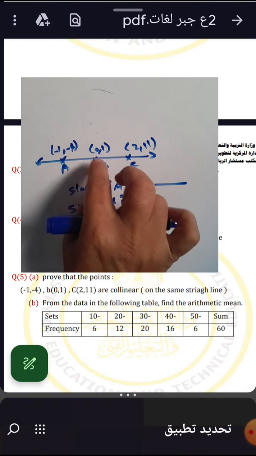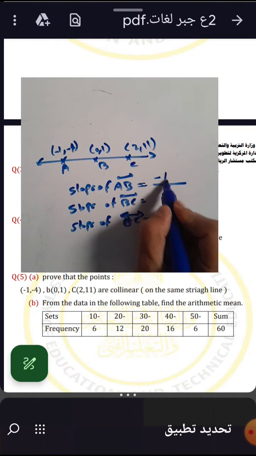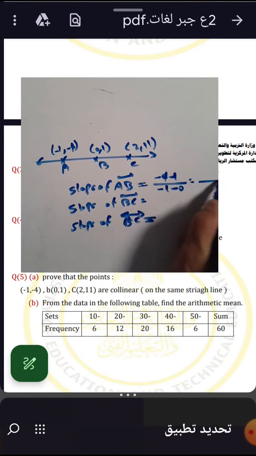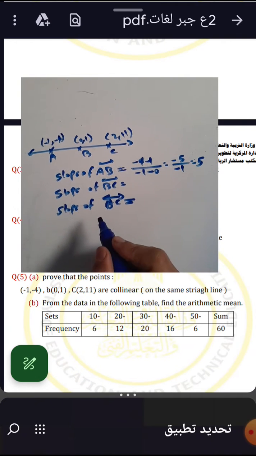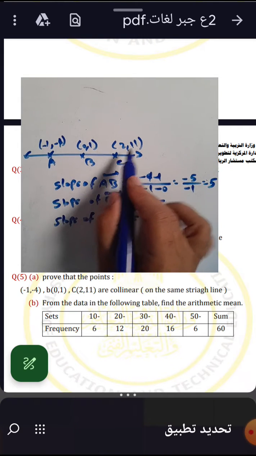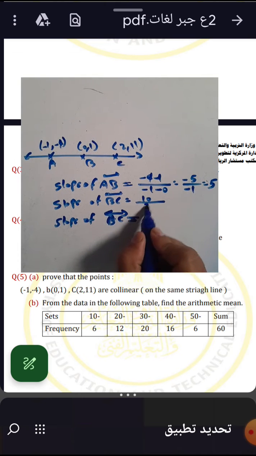A and B, right? y2 minus y1, -4 minus 1, over -1 minus 0, -5 over -1, it will be 5. BC, 11 minus 1, it will be 10, over 2 minus 0, it will be 2, the result will be 5.